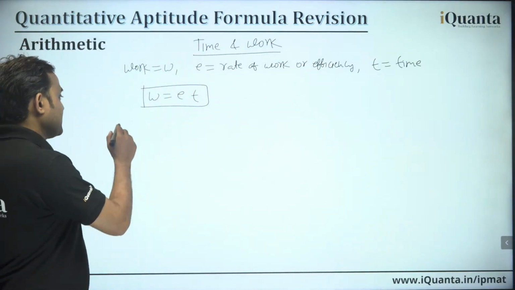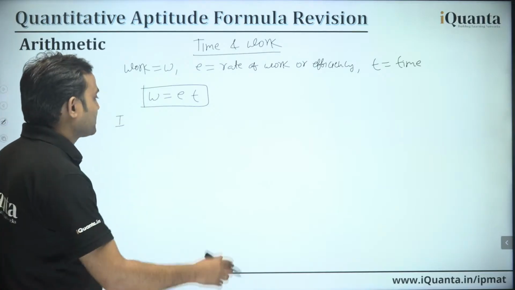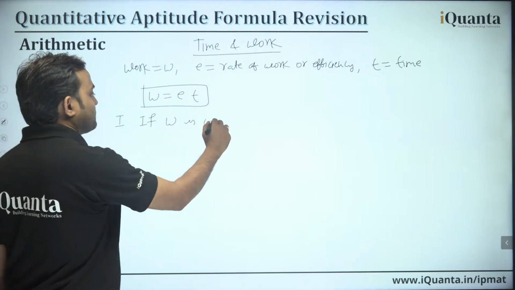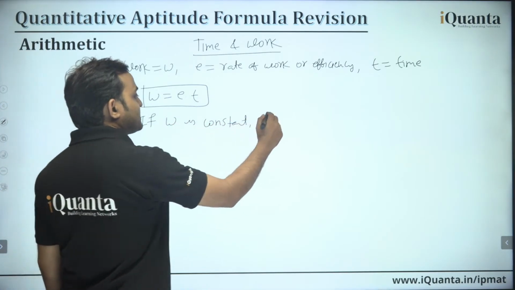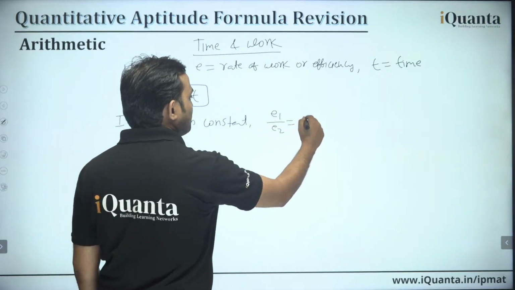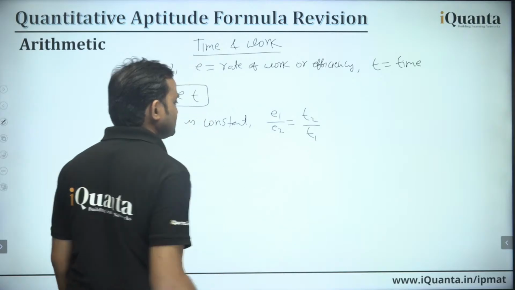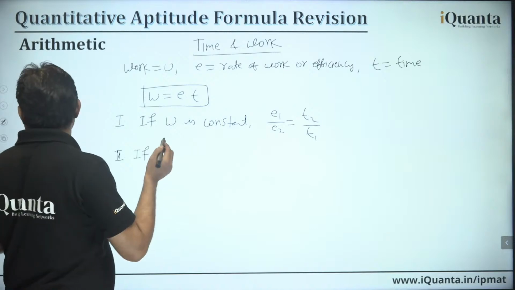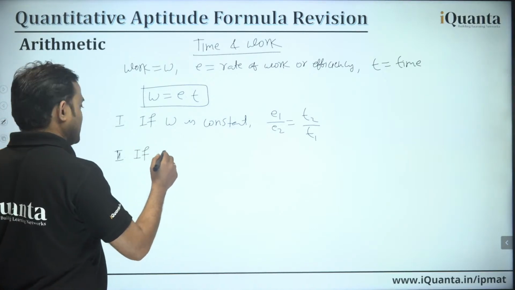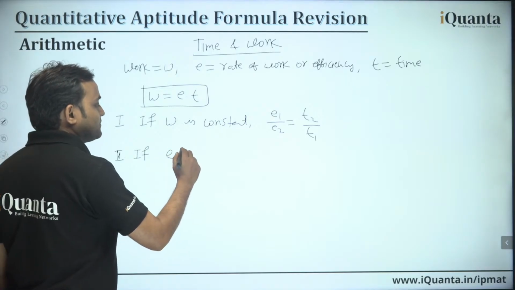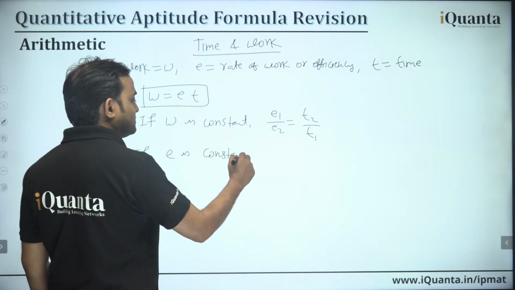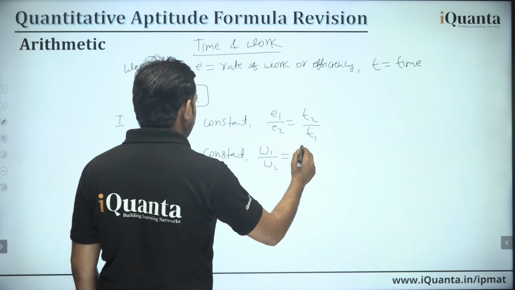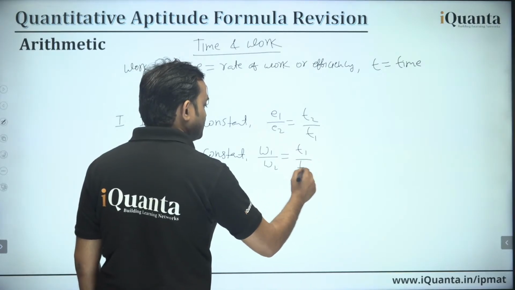And then we can say, again the same concept as time, speed and distance, that if work is constant, then E1 by E2 will be equal to T2 by T1. Then if E is constant, then we can say W1 by W2 will be equal to T1 by T2.